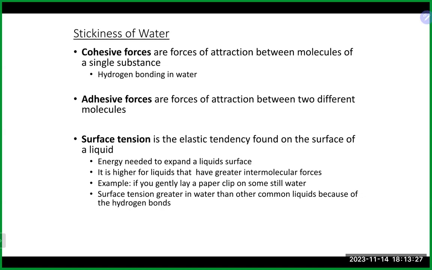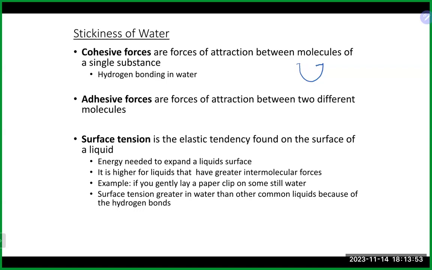Adhesive forces are the attractive forces between different molecules, and as we will see shortly, this is one of the reasons for our meniscus and why the water climbs the wall. The water is more attracted to the glass container than to the water itself, so it starts to rise up the wall and creates that meniscus that we see.